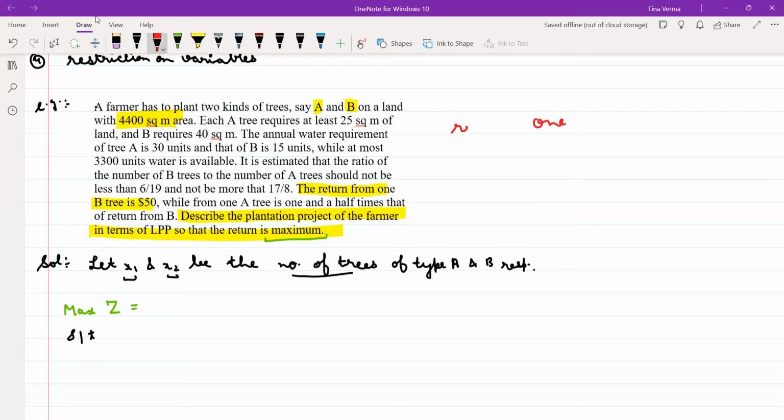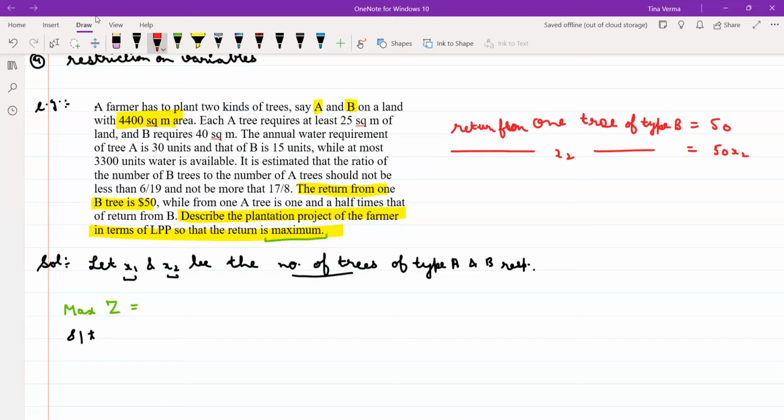That means the return from one tree of type B is $50. For x2 trees of type B, the return will be $50x2, right?